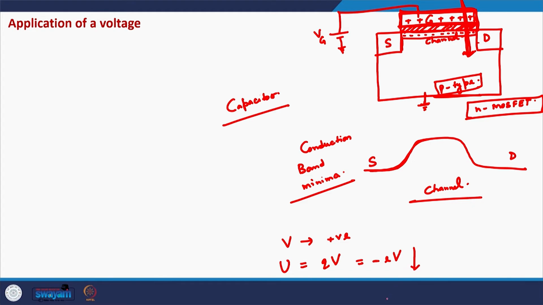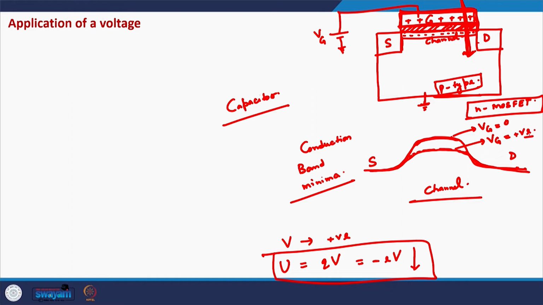So with the positive voltage, the potential energy of the electrons will go down, which means this barrier height will go down. Please remember that this gate terminal is just over the channel. So if this was the barrier when gate voltage was 0, this will be the barrier when gate voltage is a positive value.